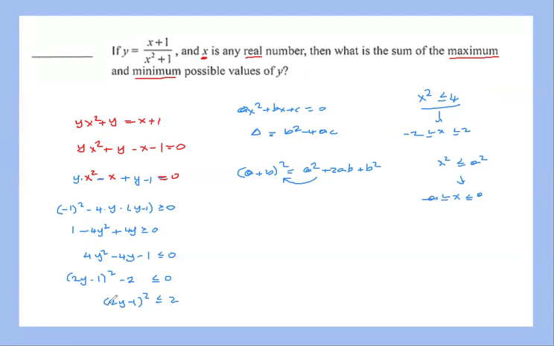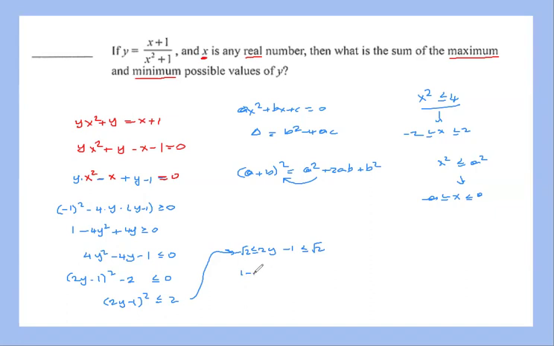Just remember that. So for that reason, we can have 2y minus 1 has to be less than or equal to root 2, and larger than or equal to the negative version of this. And just for simplification, just add 1 and divide by 2.